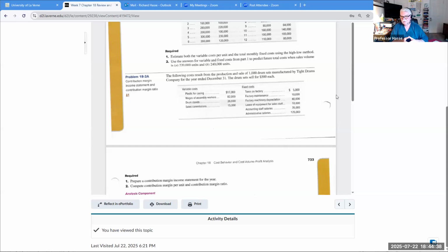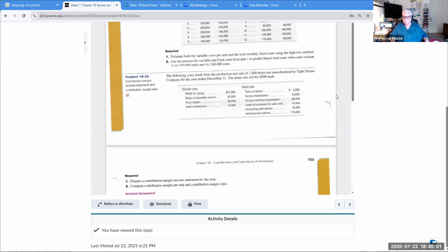And is the margin between selling price and variable cost enough to cover the costs that don't change according to volume? You can produce 2,000 drum sets or one drum set, you're still going to have all those fixed costs. And that's what we're looking at here in this problem, a different way of looking at the numbers.